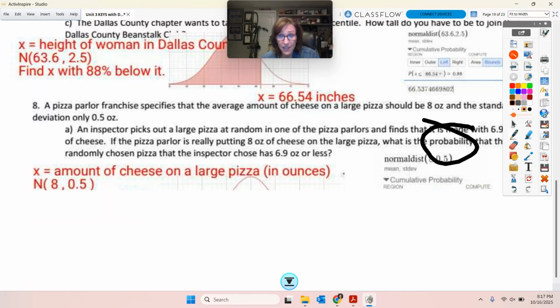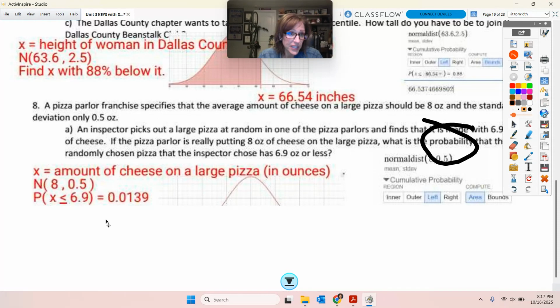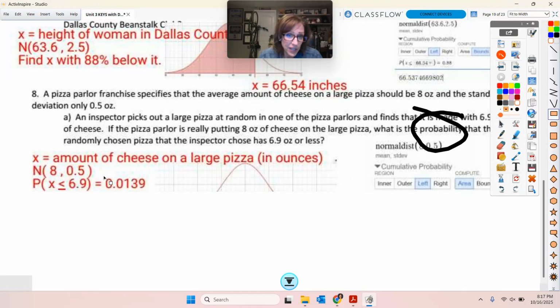That means I'm setting my criteria of probability: P(X ≤ 6.9). At this time, you don't have the answer yet. It is unknown.